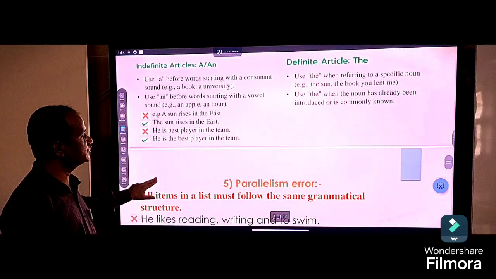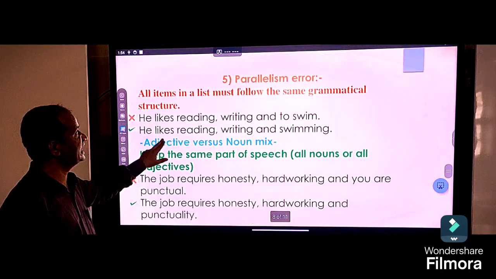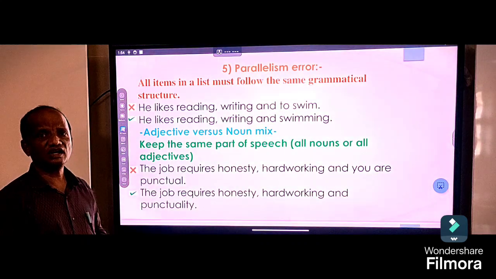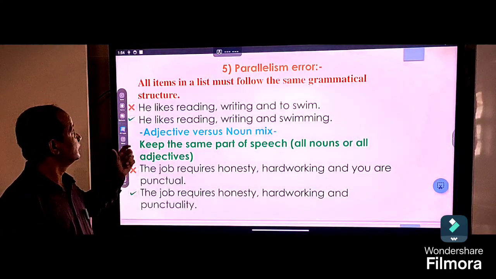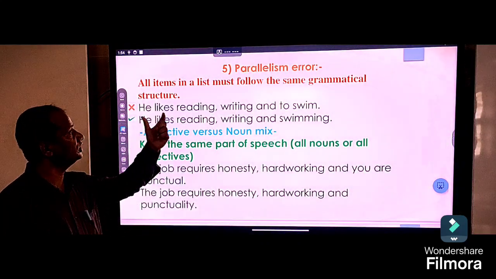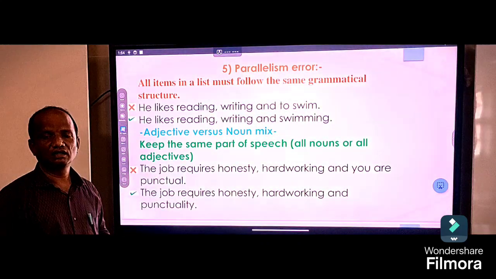After it, we are coming towards the next error in sentences, that is parallelism error. This error occurs when all the items in a list do not follow the same grammatical structure.